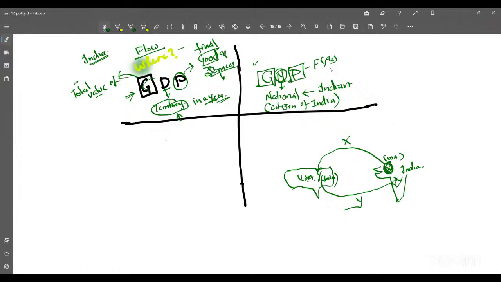Why? Will Y be a part of GNP? Yes, sir. Yes, because it might be produced in some other country, but still an Indian produces it. In that case, it would be a part of GNP. Are you getting the point?